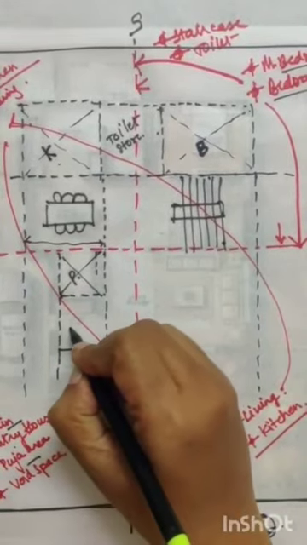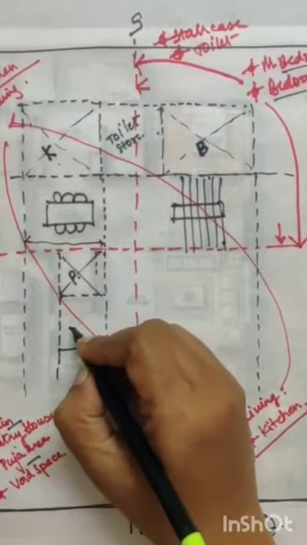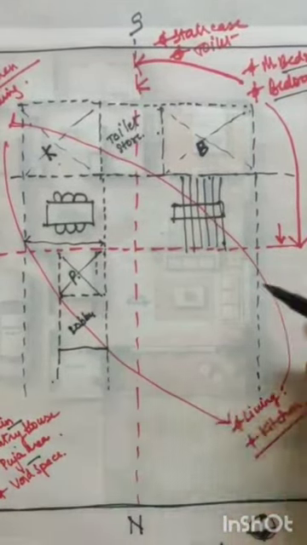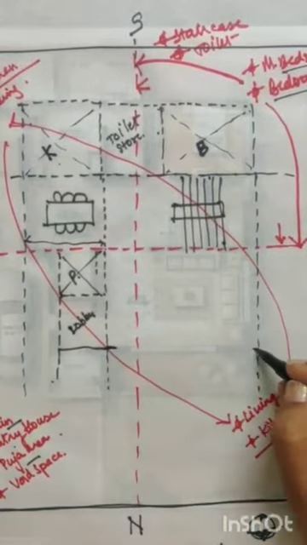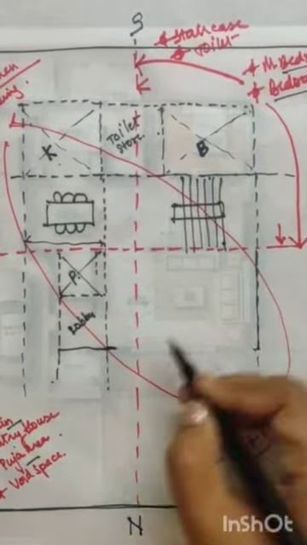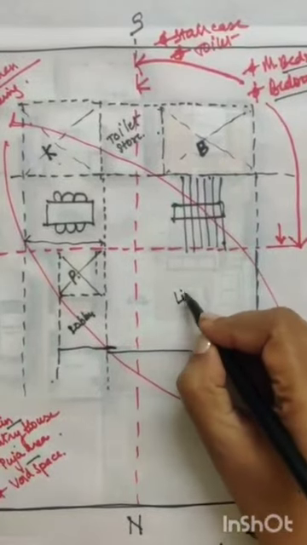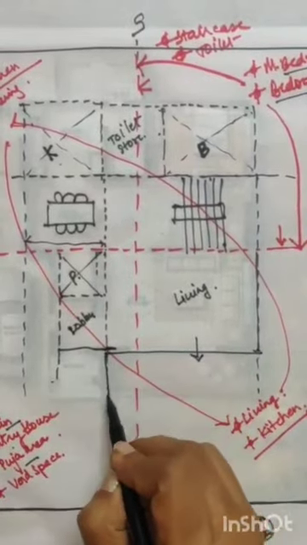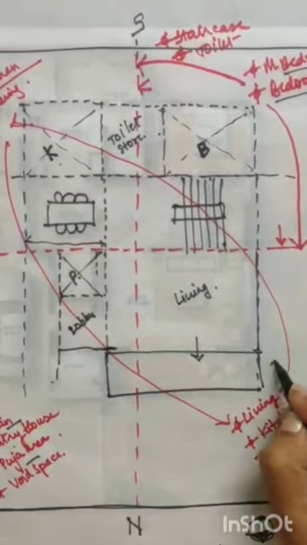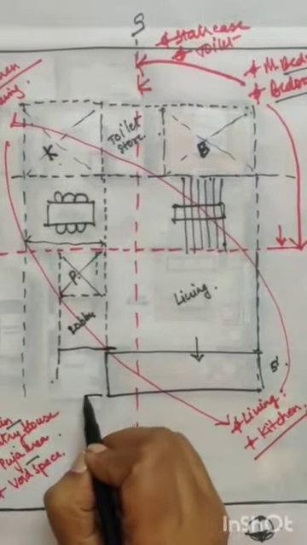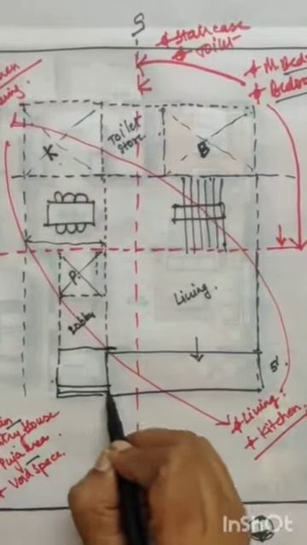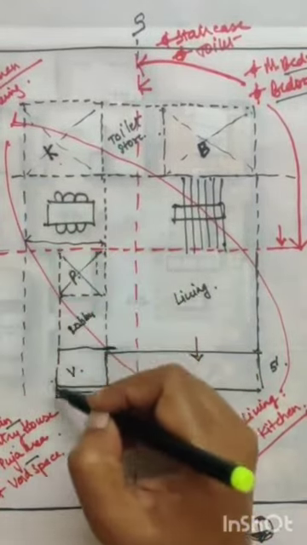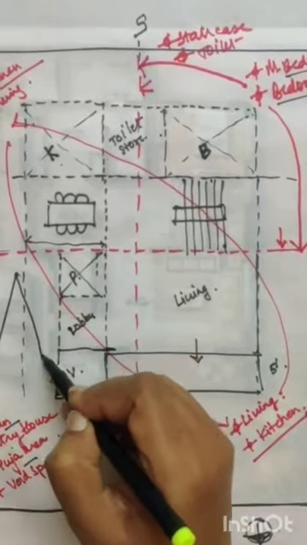This becomes my main entry lobby. Whatever distance I'm getting here, just extend this line out here, and here I'm okay with the living space. Now living is extending towards a sit out area, say a minimum of 5 feet. Then same thing, I'm extending out here, placing a veranda out here. So the space that is left out, I can have my parking space here.